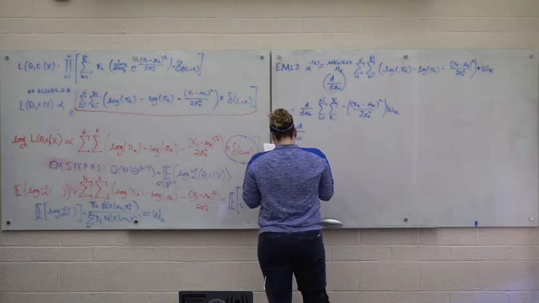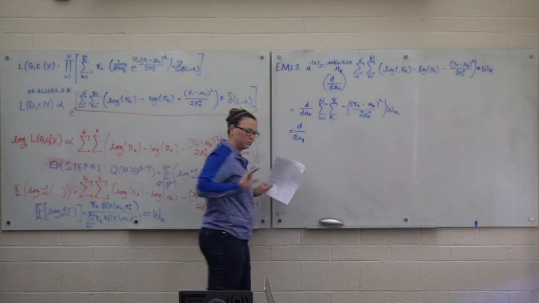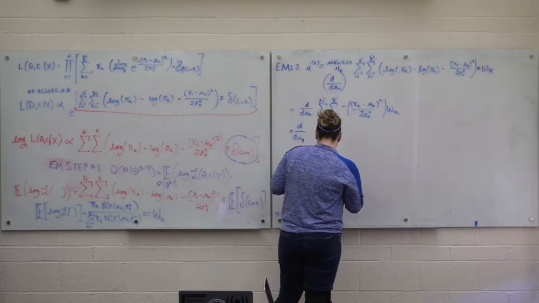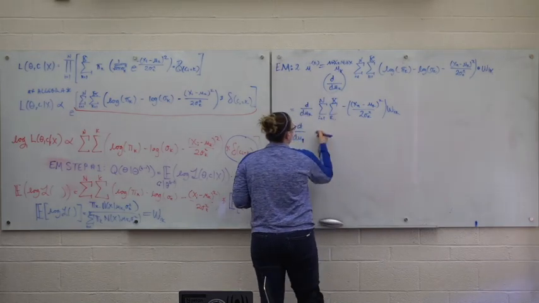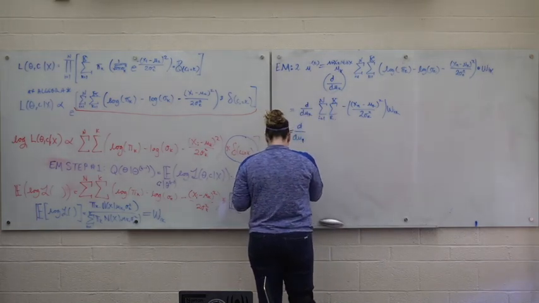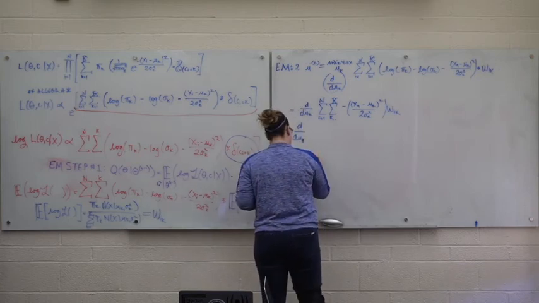Or here's a better way. Let me take a step back and we'll do mu 1. We're going to take the derivative with respect to mu 1 here. It's going to be the sum.